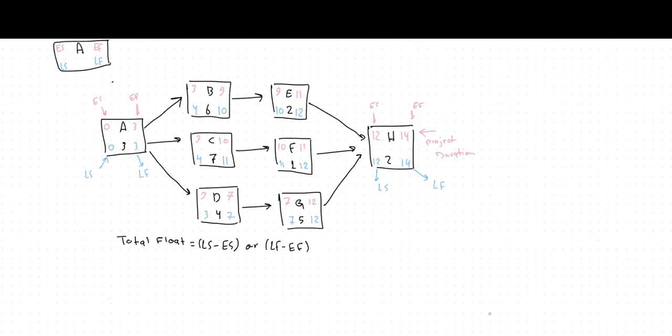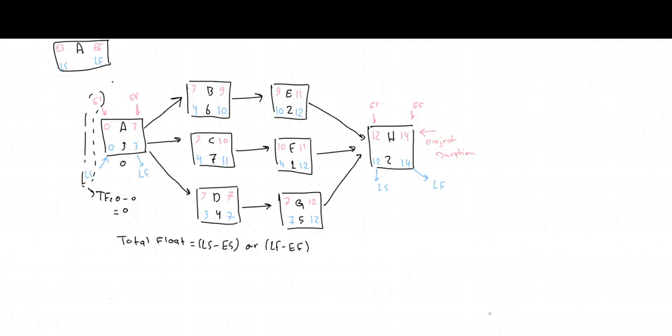Let's apply the equation on the activities. Okay, let's take activity A. It will be the late start minus the early start. So if you apply it, total float equals late start 0 minus early start 0, which equals 0. So here, total float is equal to 0.